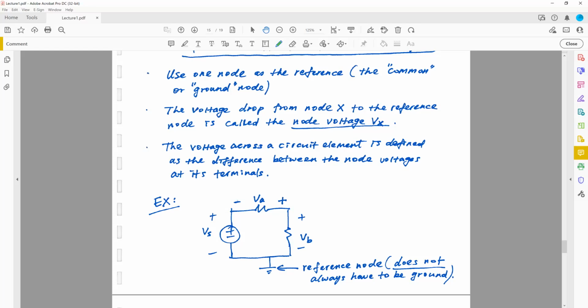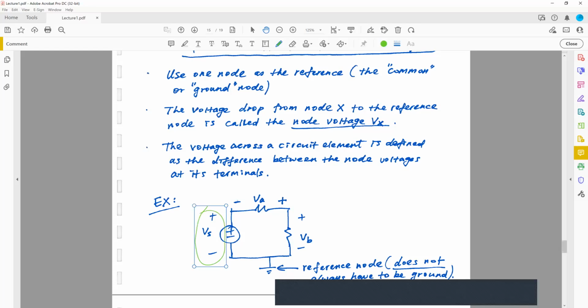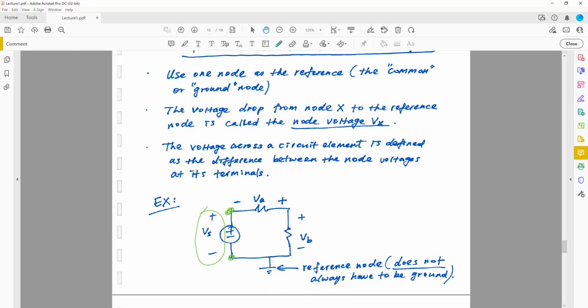But using 0 volts as your reference can be easier. This is one important concept that I wanted to bring up. Suppose I have this voltage Vs. This Vs is the voltage drop between this node and this node. Again, this Vs is your potential difference. Remember the VAB example that we discussed earlier?